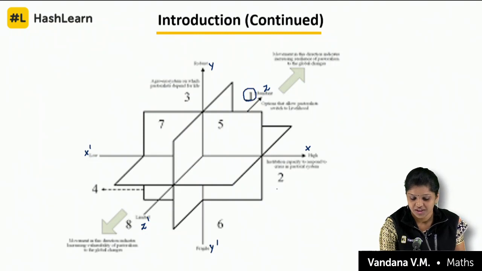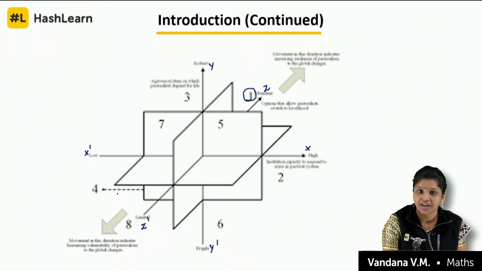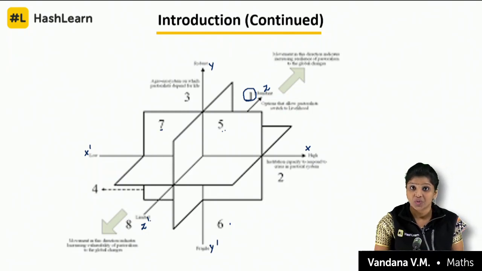This is first, and down to it is second, then third, and down to it is 4, then 5, and here down to it will be 6. Here 7, and down to it is 8. So you can imagine this rectangular coordinate system will divide the space into 8 octants. Clear?